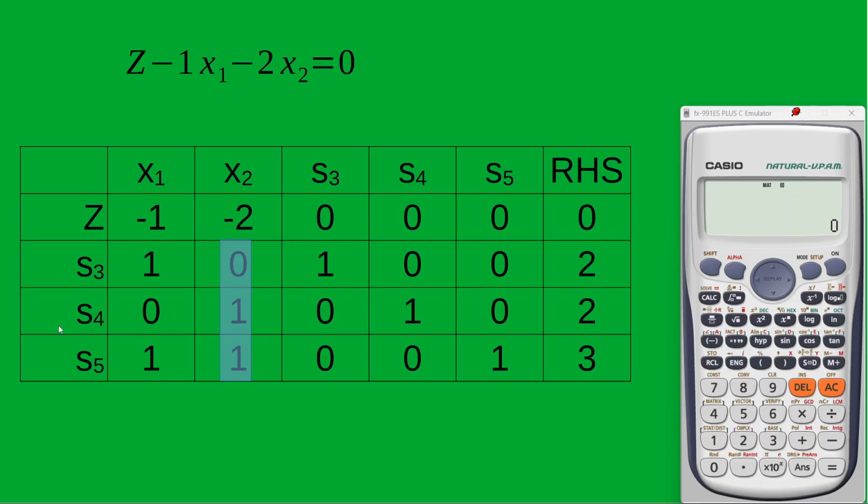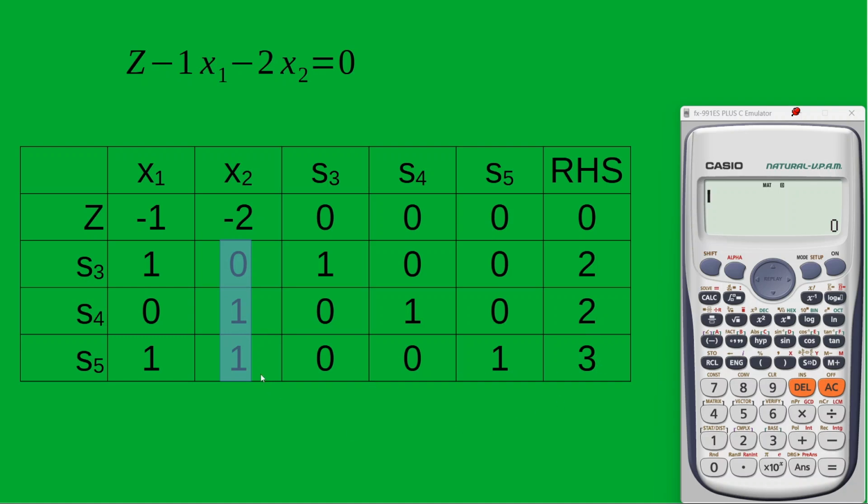Now how do we decide what is going to be the leaving basic variable? We will look at the coefficients under x2 and we will also look at the RHS. We divide the RHS by the corresponding entering basic variable coefficient. That is 2 divided by 0, that makes it infinity. 2 divided by 1, that makes it 2.